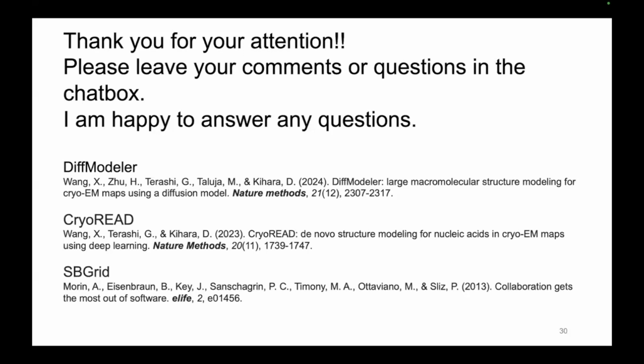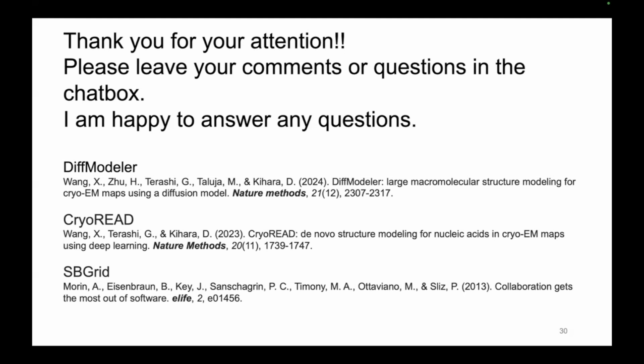Regarding the comparison with ModelAngelo, we know that if the resolution is higher than 3.5 or 3 angstrom, ModelAngelo generates a very nice structure. But if the map resolution is lower than 3.5 angstrom, then ModelAngelo generates a very choppy, fragmented structure.